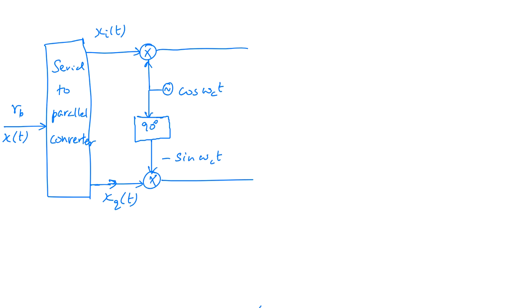Because it is amplitude modulation, you can simply multiply them and get amplitude modulation. So what you have here is xi of t multiplied with cosine omega ct, and what you have at the bottom part after the modulation is xq of t sine omega ct with a minus in front because it's minus sine omega ct, right? And then we are going to add both of them together.